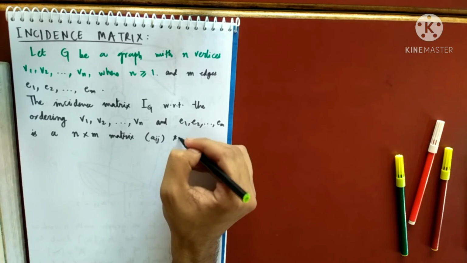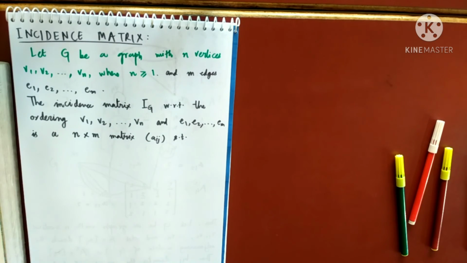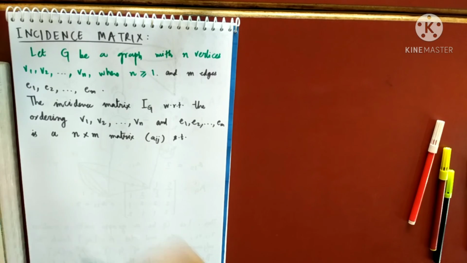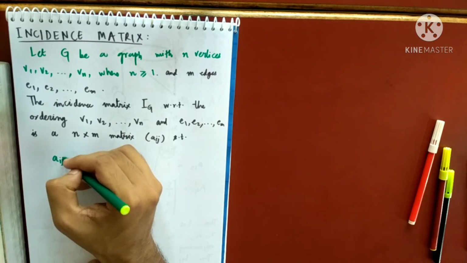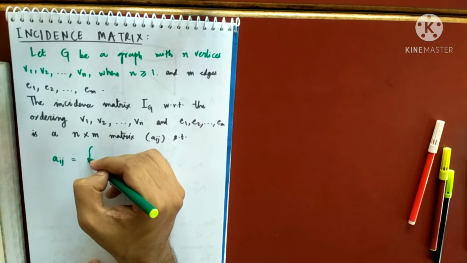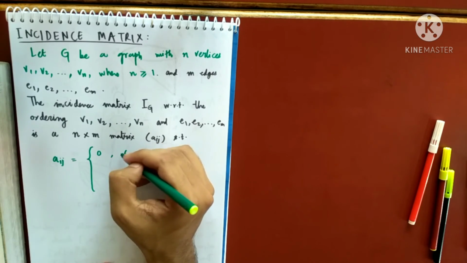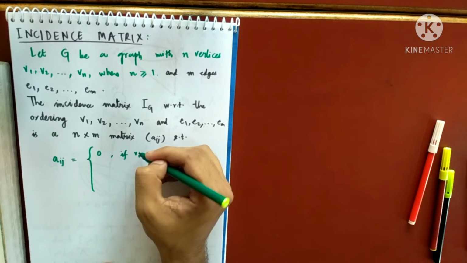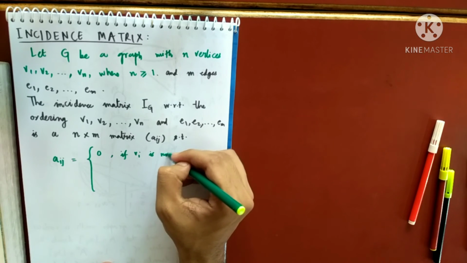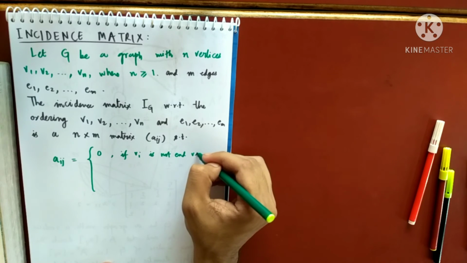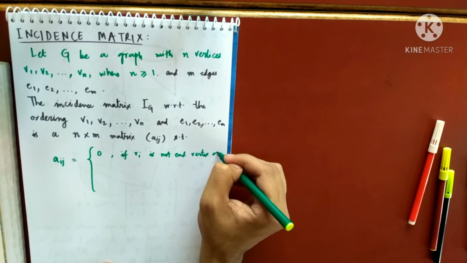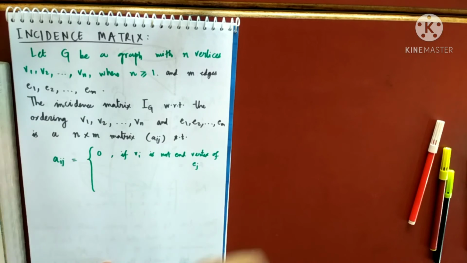An n cross m matrix Aij, such that how to determine the elements Aij is very simple. So what is Aij? It is like this. It is 0 if Vi is not an end vertex of Ej.